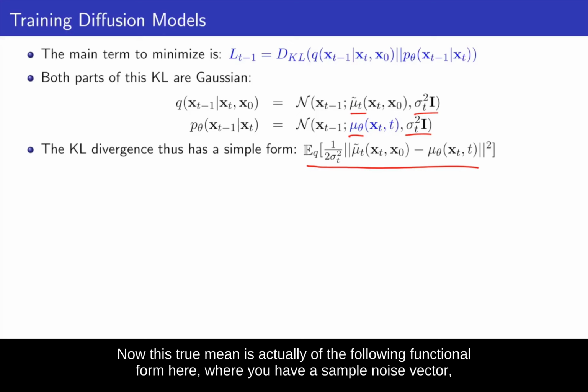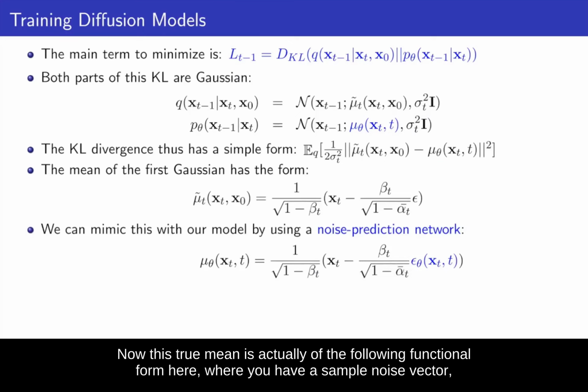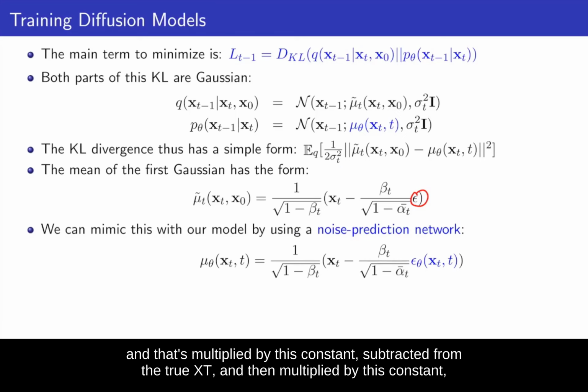Now, this true mean is of the following functional form here, where you have a sampled noise vector that's multiplied by this constant, subtracted from the true xt, and then multiplied by this constant.